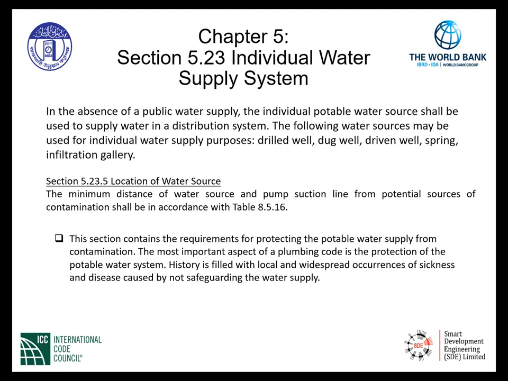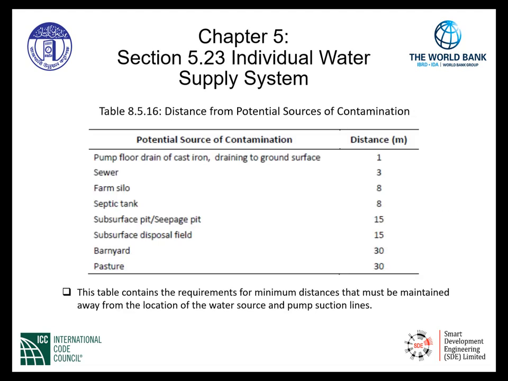The most important aspect of a plumbing code is the protection of the potable water system. History is filled with local and widespread occurrences of sickness and disease caused by not safeguarding the water supply. Again, this section contains the requirements for protecting the potable water supply from such contamination.